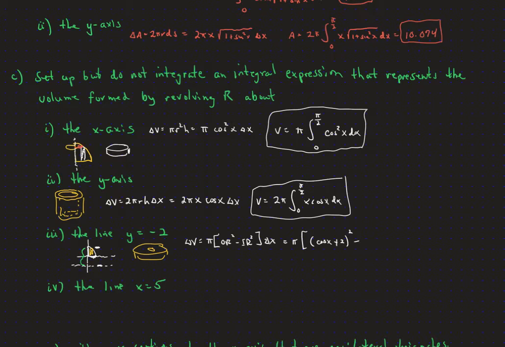And then we'll subtract from that the distance from the edge of the hole to that axis of revolution. And so that's going to be 0 minus -2, which is going to be just 2 squared, and then we'll have a delta x. So that will make the volume be pi, integral from 0 to pi over 2 of cosine of x plus 2 quantity squared minus 4 dx.